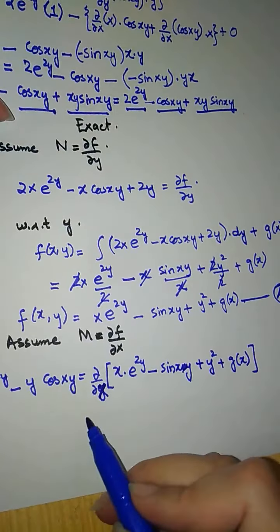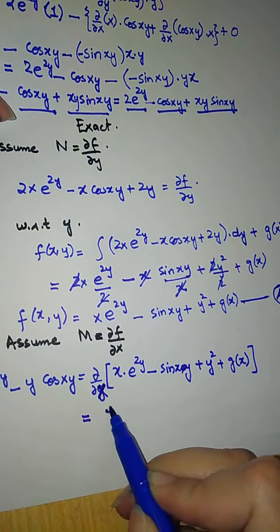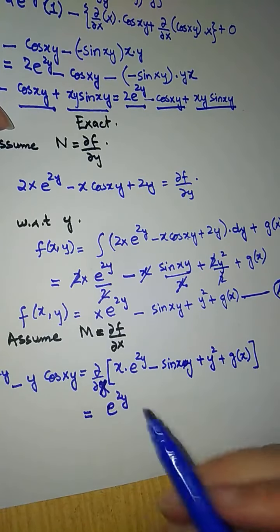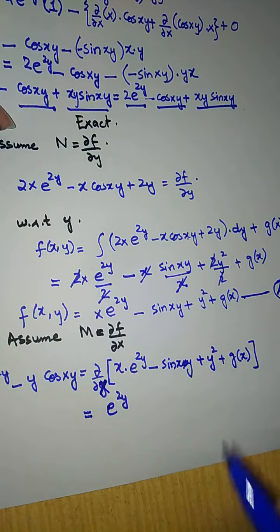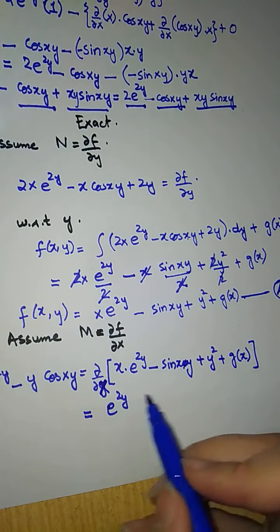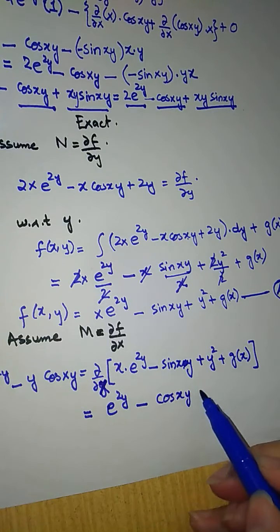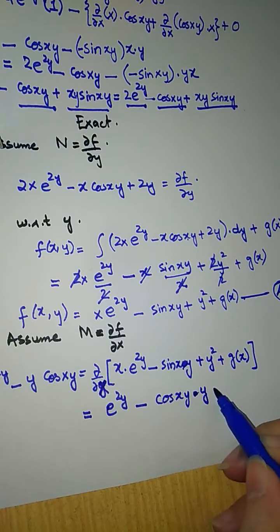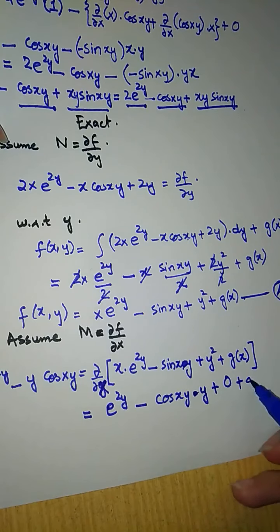So with respect to x it is differentiated, and e to the power 2y is a constant, so it becomes e to the power 2y. And here sine of xy, if it is differentiated with respect to x, y is considered as constant, and sine has the derivative cos, so that is cos of xy multiplied by the constant y. And y square has the derivative 0 with respect to x, and g of x has the derivative g dash of x.